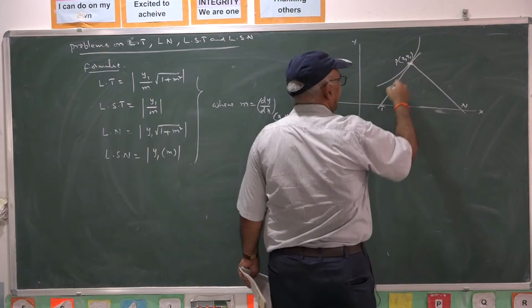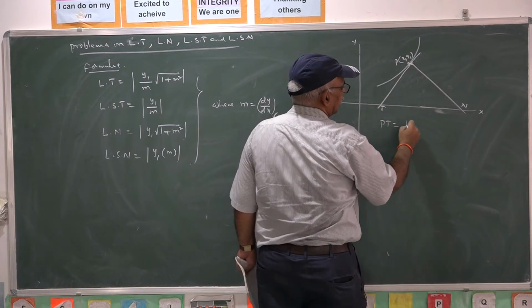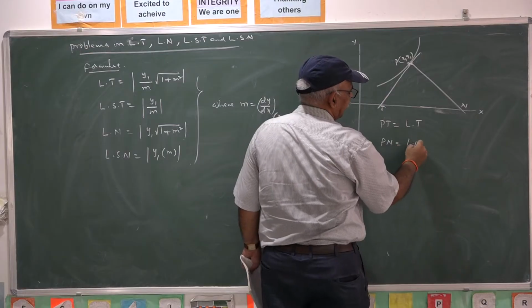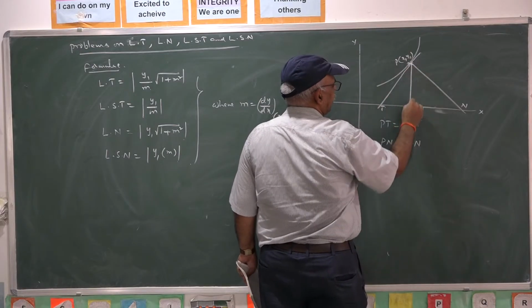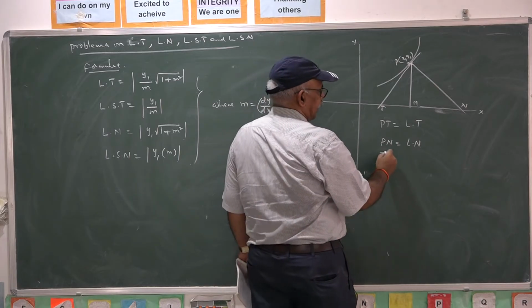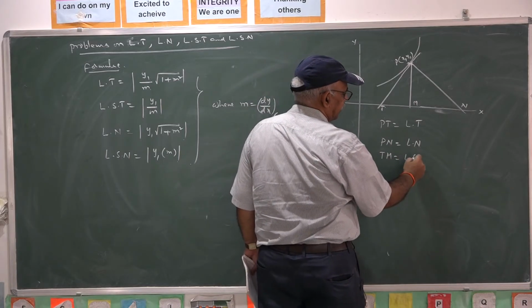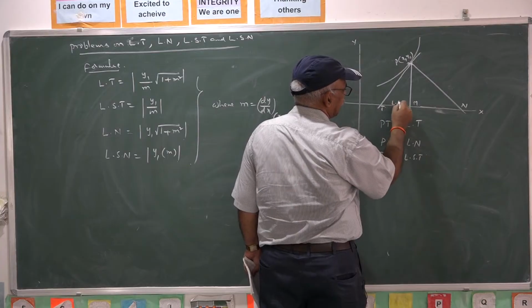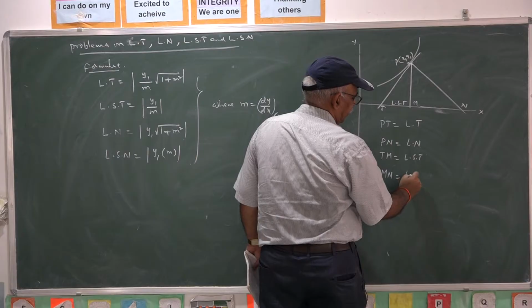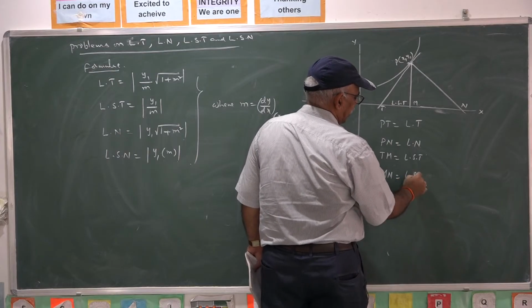PT is length of tangent, Pn is length of normal. Once you drop the perpendicular Pm from P to x-axis, Tm is length of subtangent, and Mn is length of subnormal.